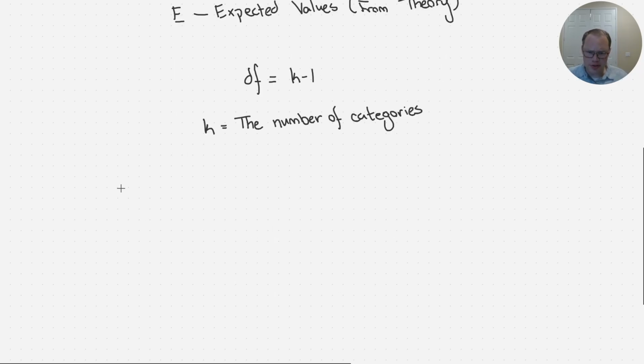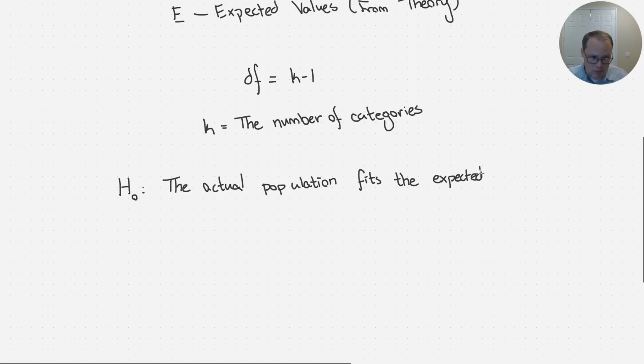Generally, the hypotheses for a goodness of fit test are: the null hypothesis is the actual population fits the expected distribution, and the alternative hypothesis is the actual population does not fit the expected distribution.